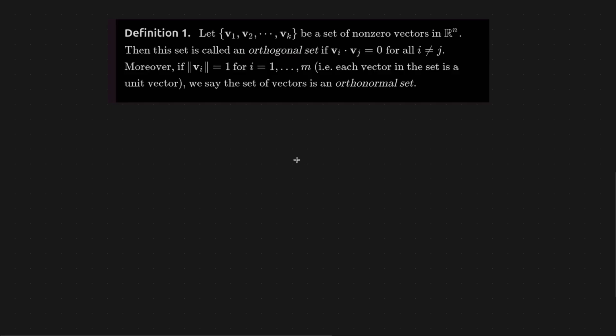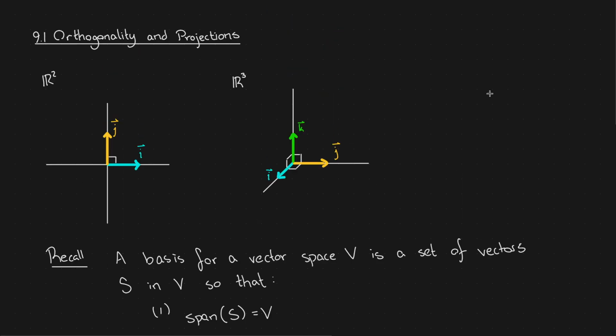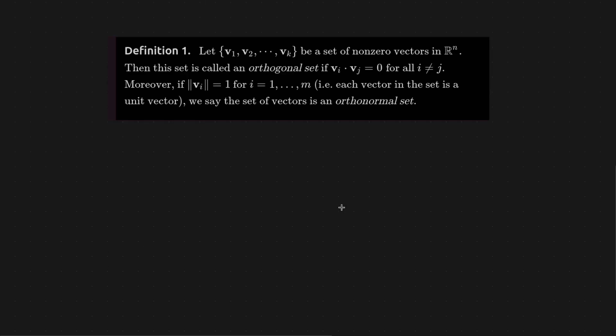Notice that's exactly what's happening with our standard basis vectors. If we look at R3, for example, if I take the dot product of i with either of the other two vectors, the dot product will be 0 because they are orthogonal. The same is true with k. The same is true with j. So these form an orthogonal set.